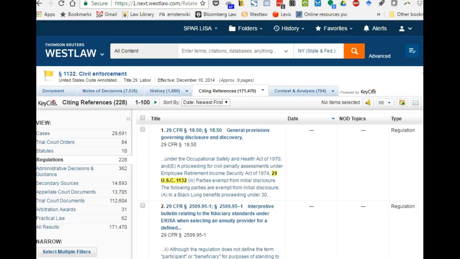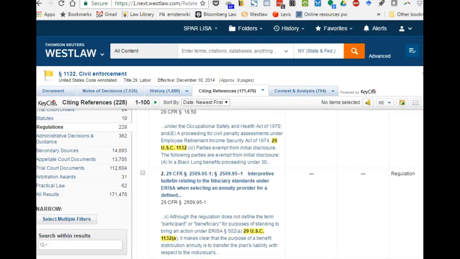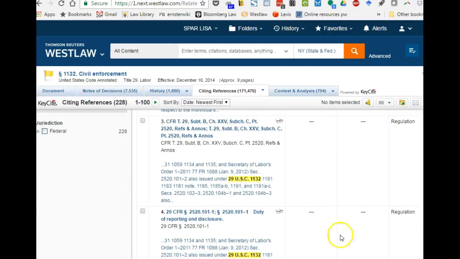So hopefully, if you're lucky, going back to our statutory code, our citing references will get us to the right part. At least maybe will get us to the right title. So here we've got Title 29, 1850, Provisions, Disclosure, Discovery. We're not quite worried about that yet. So I might continue to look and see, oh look, Title 29, Part 2520.